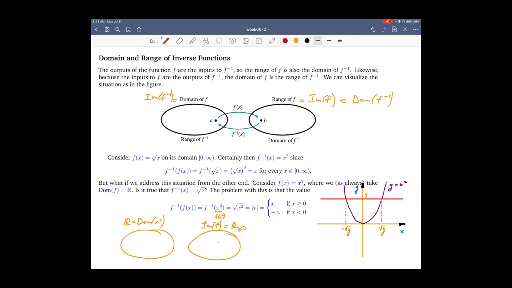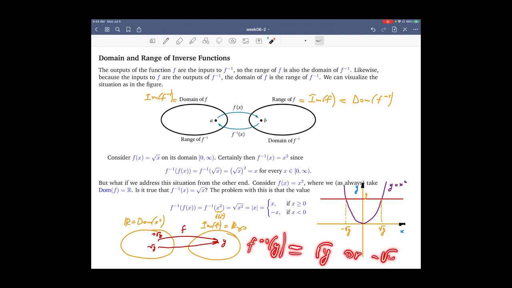But for any y here, there are in general 2 points, positive root y and negative root y. And f will map both to y. So when you start thinking about the inverse function, you have a problem, because f inverse at y must be simultaneously root y and negative root y. And for a positive y, root y and negative root y are distinct numbers.